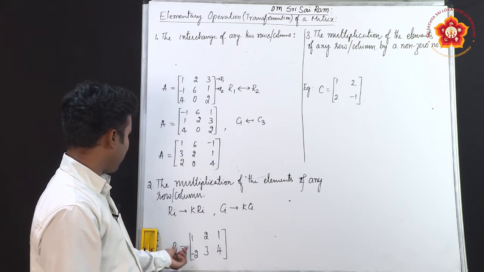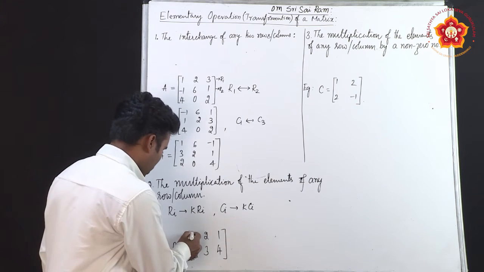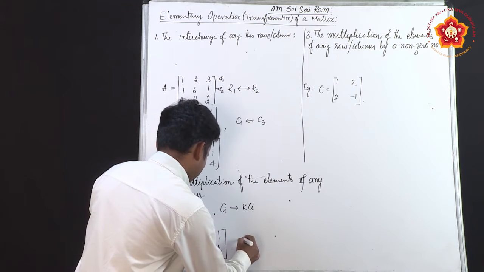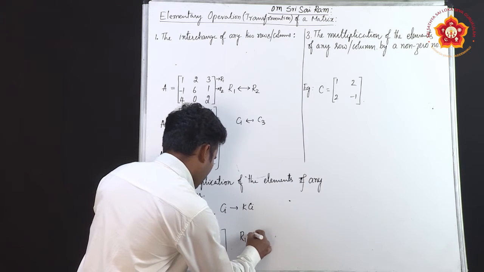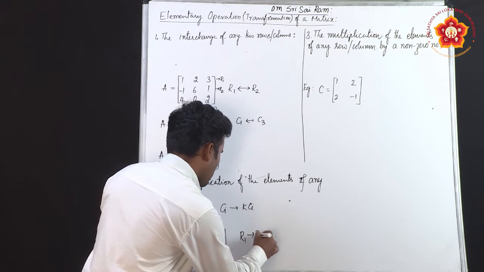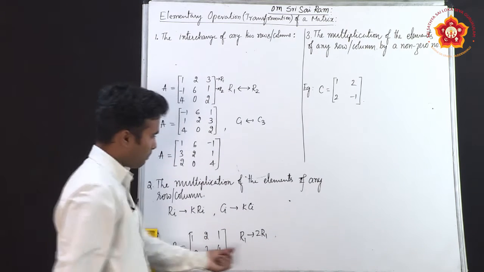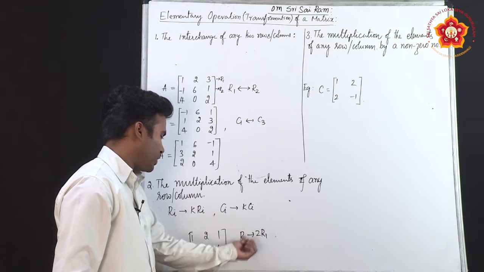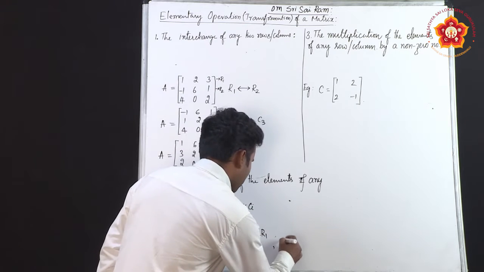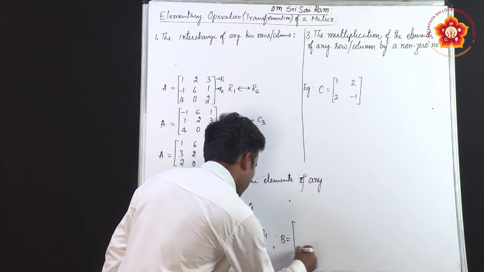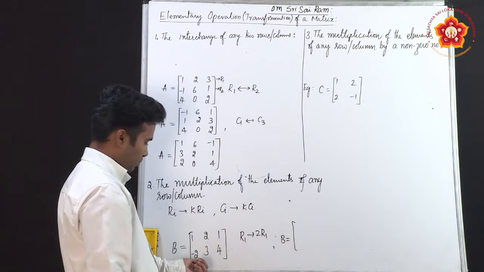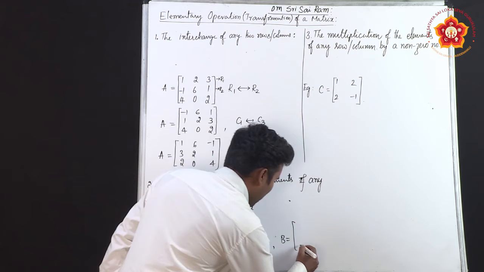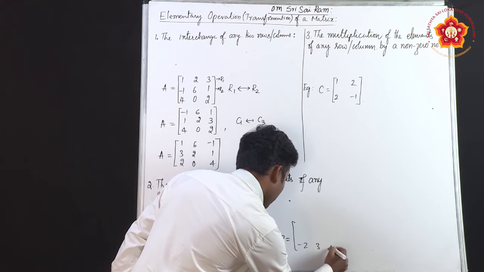For example, here I have this matrix. Now I can apply the operation for this matrix: R1 becomes 2 times R1. That means we are multiplying R1 by 2, and this matrix B becomes, applying it only for R1 and not for R2, which remains the same, -2, 3, 4.